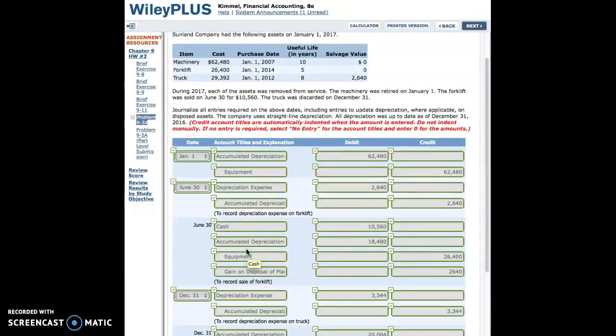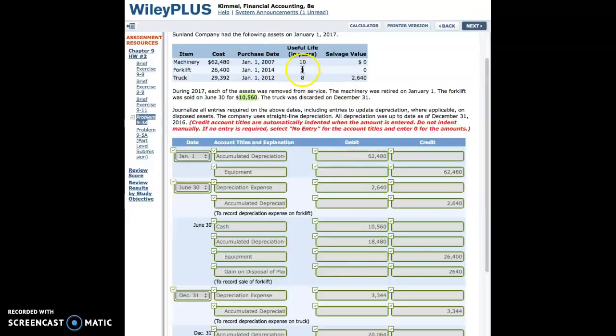Now they did sell it on June 30th, 6 months later, and they received 10,560. So we have this here, and then what we want to do is take the full depreciation.